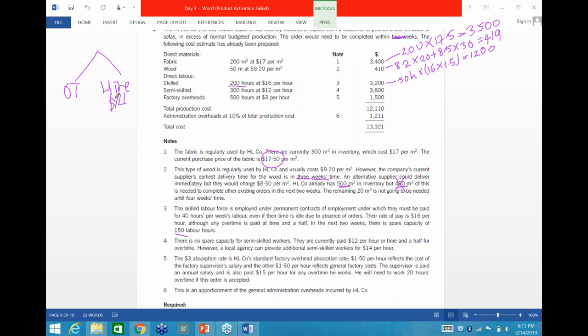The overtime option says you can go for 12 into 1.5, which is 18. Lower of the two, 14. So we are talking about 300 hours into 14, 4,200.